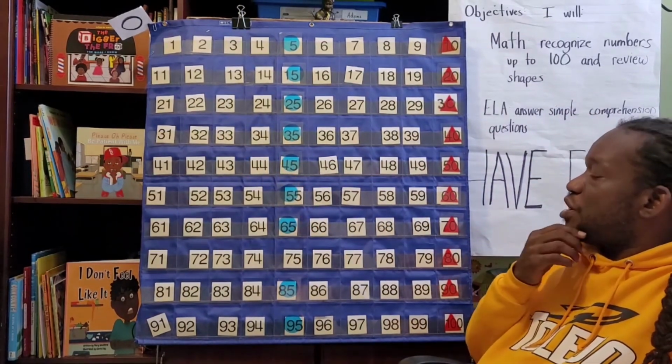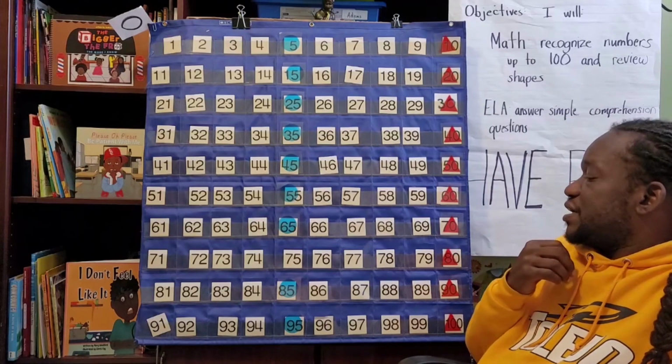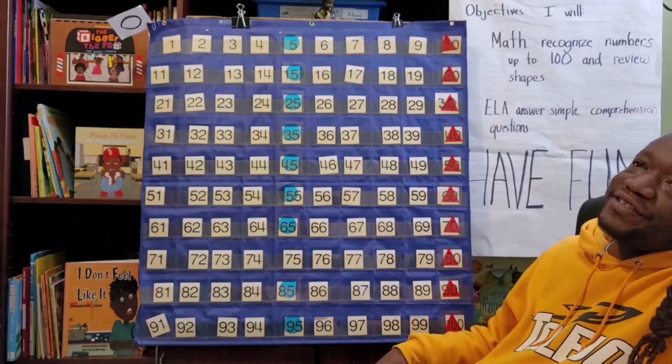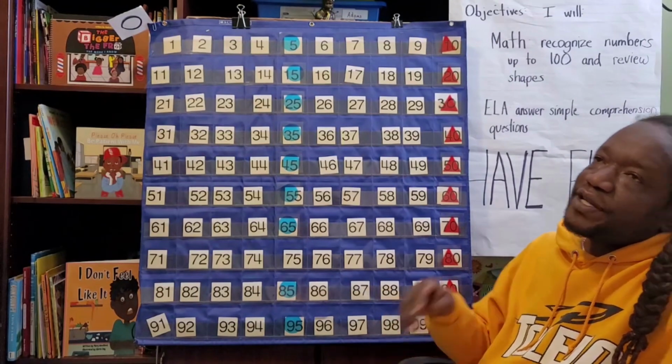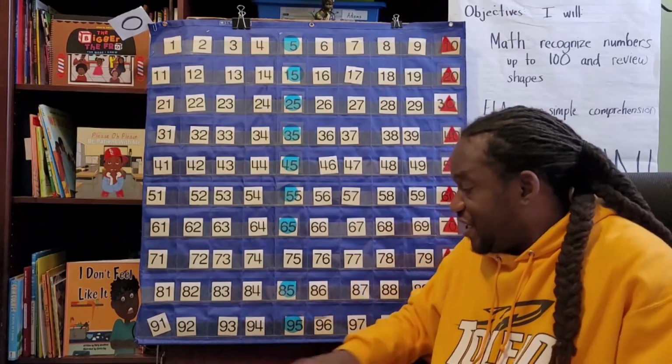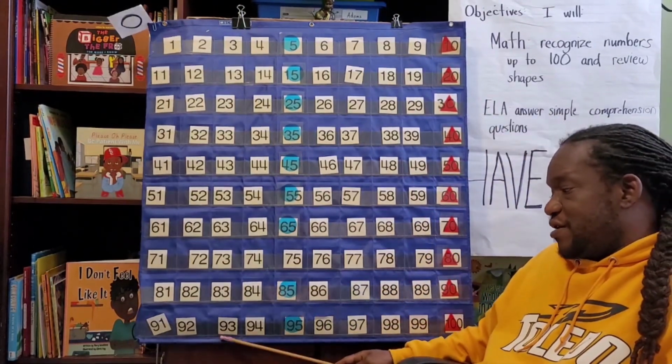Let's do one more. 93. Let's think. You have to use your thinking cap. What comes first? A 9. Yes. 3. So a 9 and a 3. Let's see. 93. Right here.